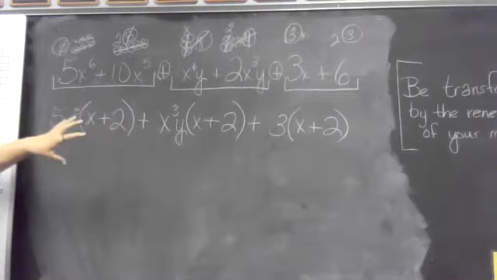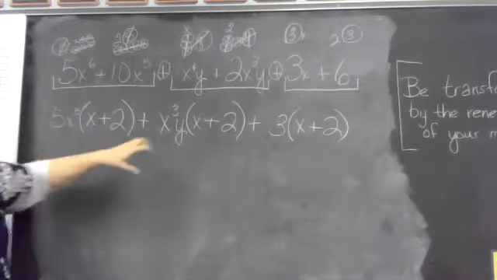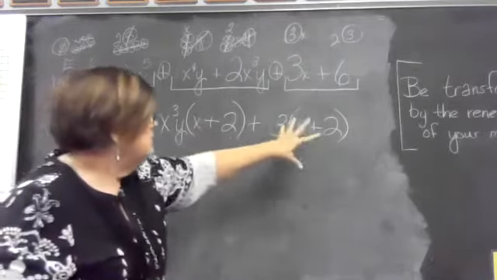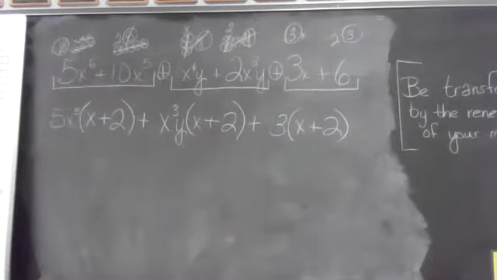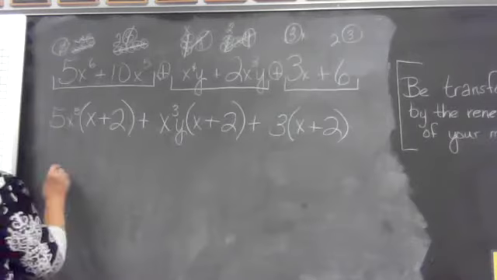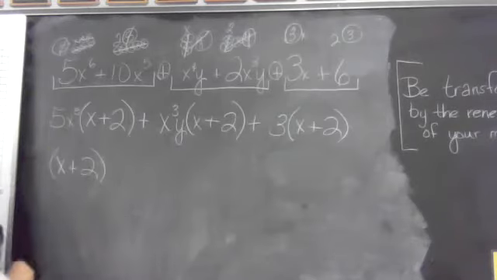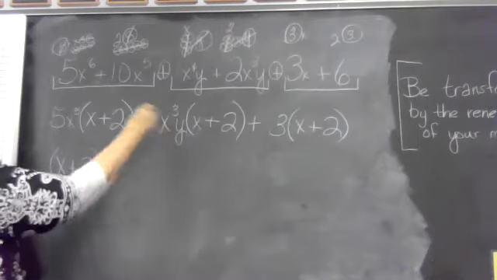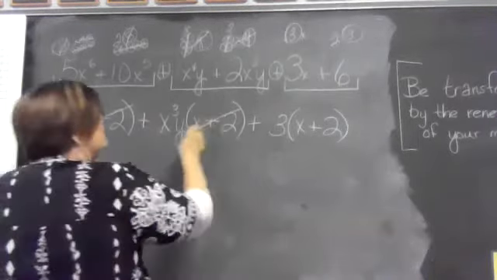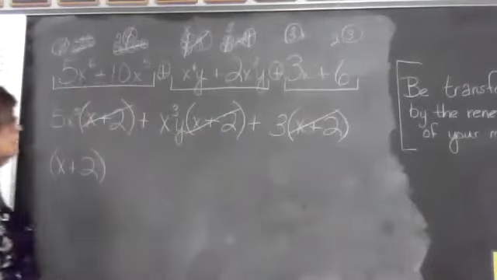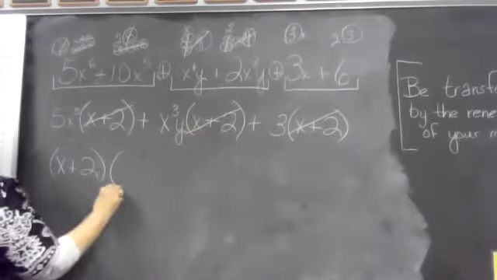It's a set. So can you see that this set and this set and this set are common in each term? So let's bring out the greatest common factor, which is x plus 2. That's in all three pieces, or all three terms. And so I'm dividing these things out. So what's left?